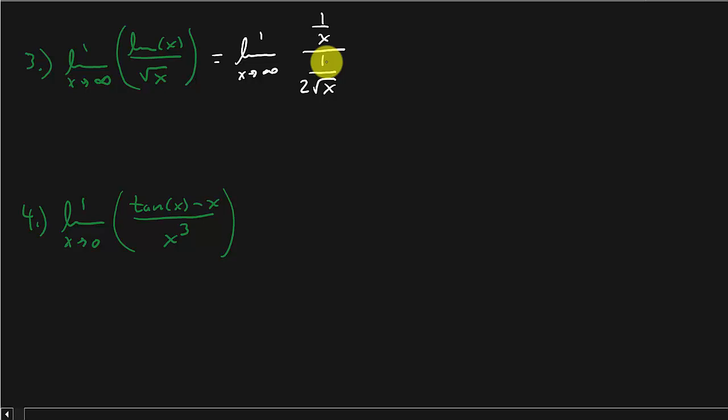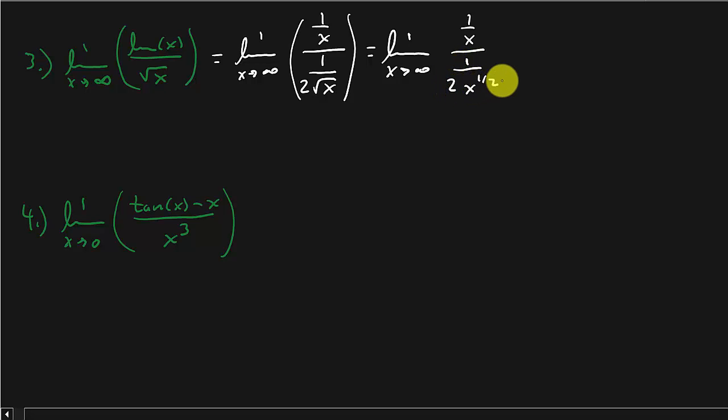All right. And so now let's see what we've got. Well, first thing I want to do is see if I can maybe simplify this. So this is going to be the limit as x goes to infinity of 1 over x divided by 1 over 2x to the 1/2.